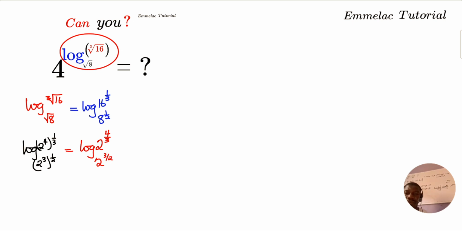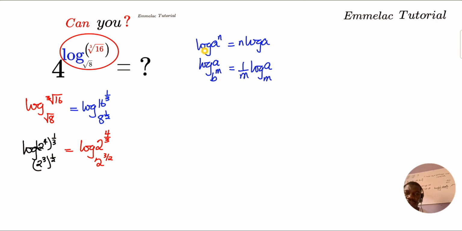Now that we've simplified this whole process, the next thing we need to do is to recall these laws of log. When you have log a to the n, this gives us n log a. And when we also have log of a with base b raised to m, this gives us 1 over m times log a base b.